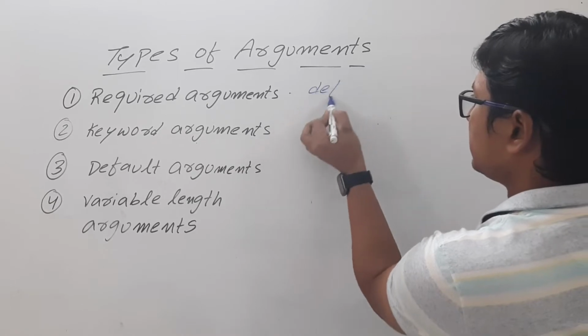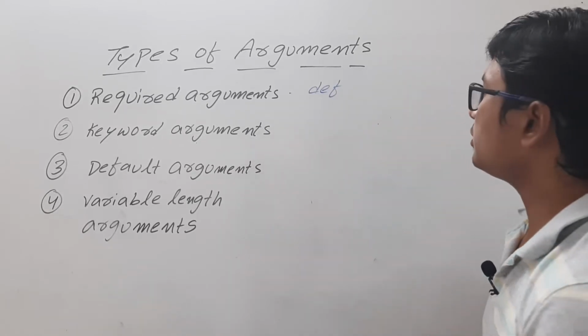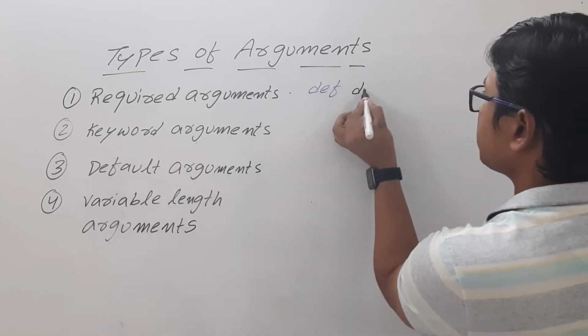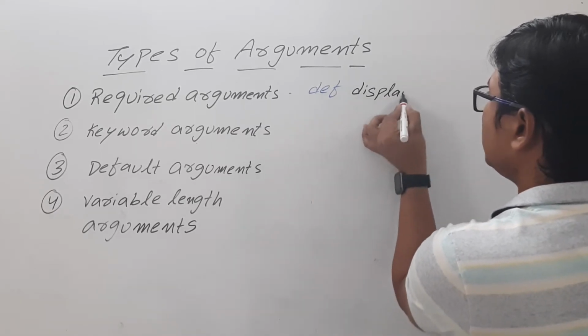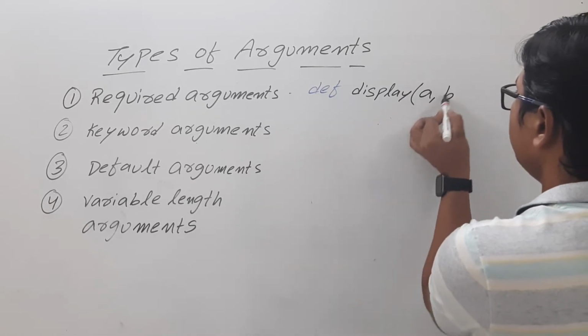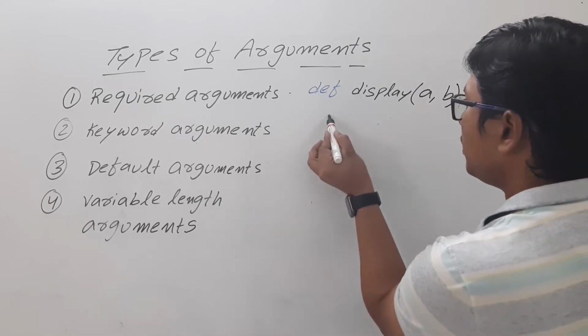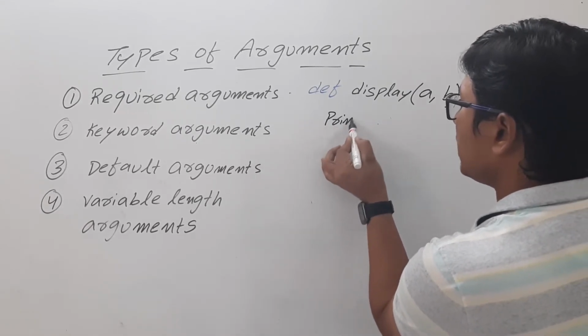I will write def, which is a keyword, and the name of the function I want to write is display. Then I am giving two parameters, a, b, and then the colon, and then I want to display the a value and b value.